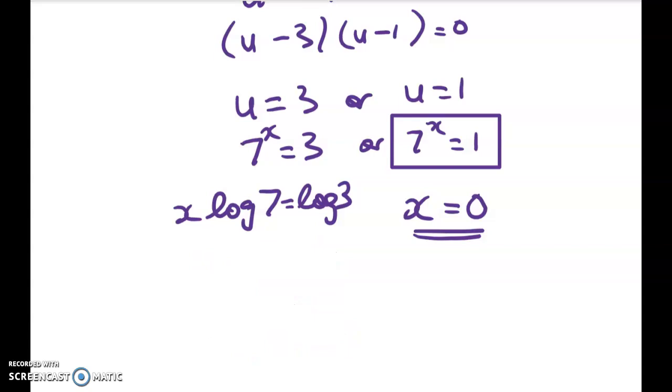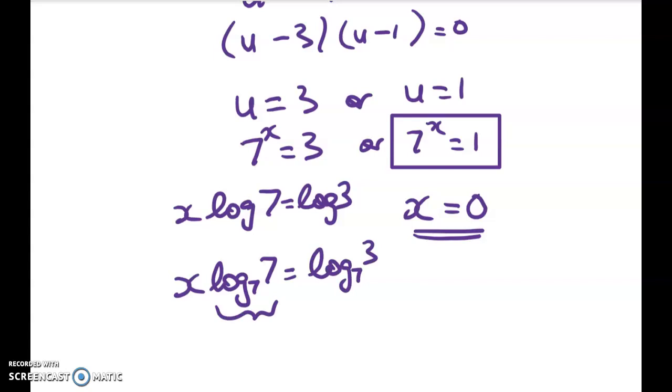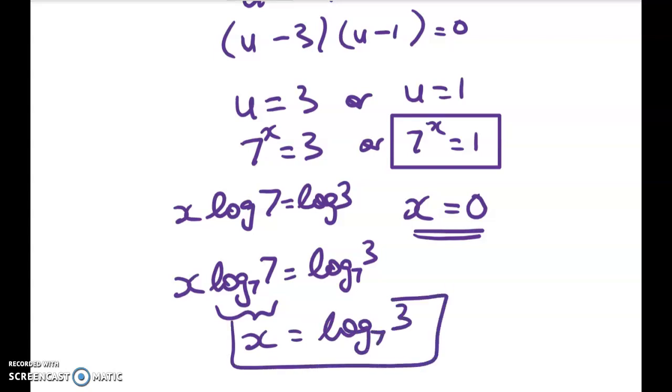So if we get down to here and we're choosing the log base, then if I go with base 7, we get a nice thing happening here, because that's just 1. 7 to the power of what gives me 7? 1. So we get x is equal to log to base 7 of 3. So if I'd asked you for an exact answer, that's a very nice exact answer, but it doesn't tell me much about the number.